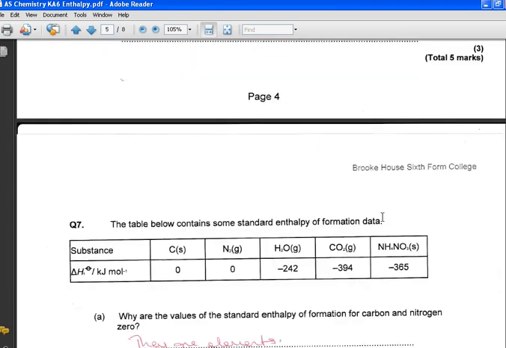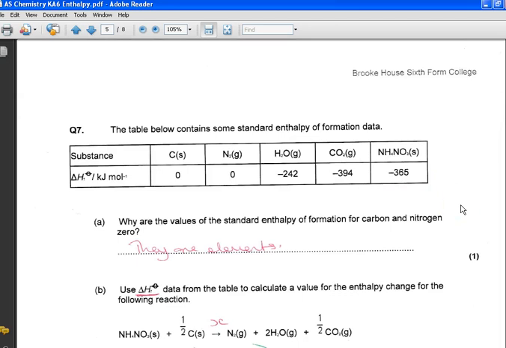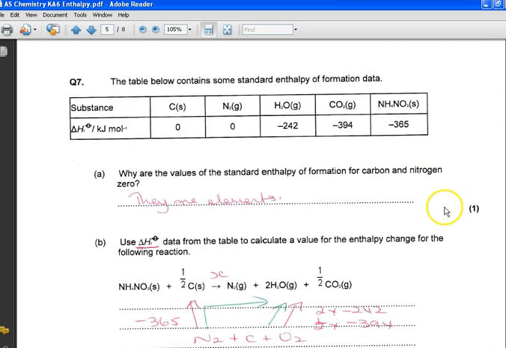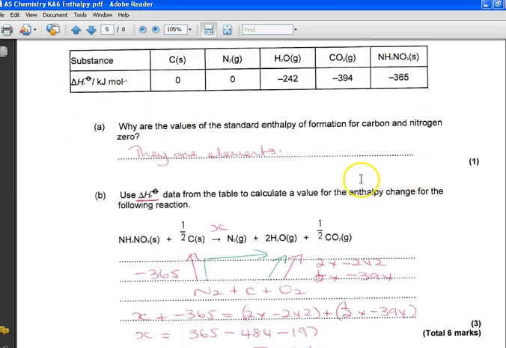Okay, not difficult, as long as you again practise those Hess cycles and those arrows and make sure you're clear what they're telling you. Okay, standard enthalpy change of formation data here. Look, it tells you even in the question. Why don't we have a value for the enthalpy change of formation of elements? You know, why don't we have a value for carbon, nitrogen, or any other element?